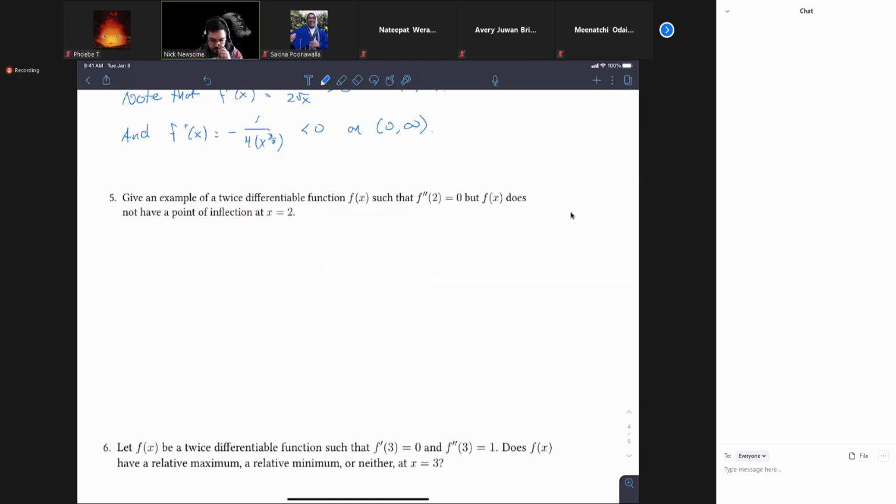All right, number 5, we want an example of a twice differentiable function such that f double prime of 2 is 0, but f does not have an inflection point at x equals 2. Meaning that the concavity does not change at x equals 2.